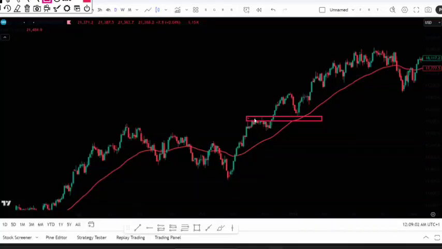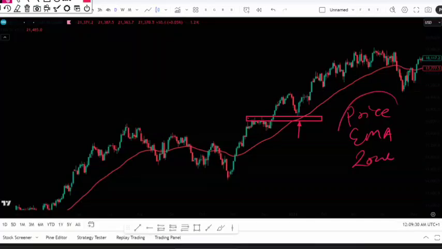Take the previous support and resistance, they are more active. So if you see here, this is the previous resistance and now it's time to turn to support in this zone. And here you can see the price, EMA and zone, they all are coming together here, so you can go for the long trade.